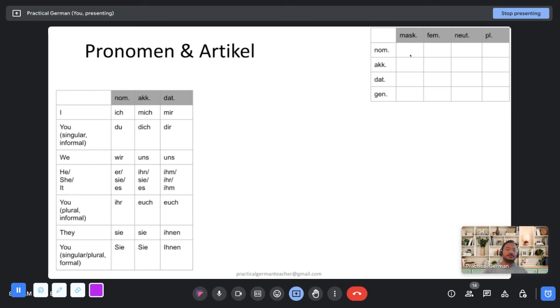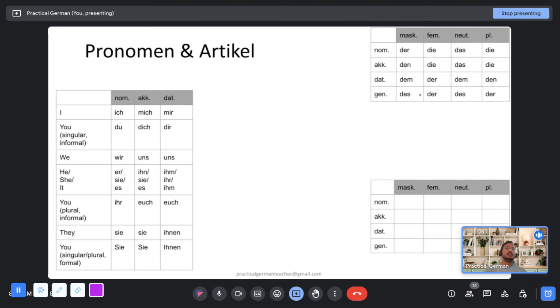The, die, das, den, die, das, dem, der, dem, den. This one is correct, this one is wrong. It is there. Genitive not needed, let's ignore that.